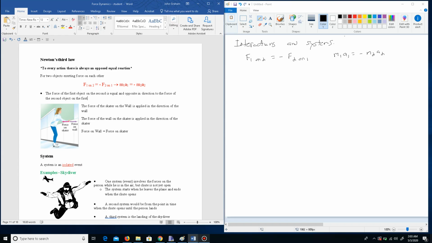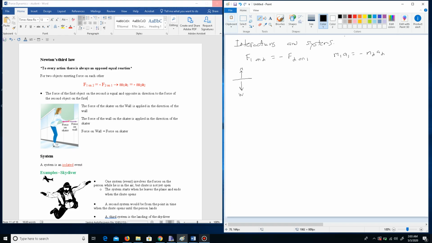So the skater pushes on the wall, and the wall pushes back on the skater. So force on the wall equals the force on the skater. Okay, we see this with weight and a normal force. Normal force up, weight is down, and they equal out.